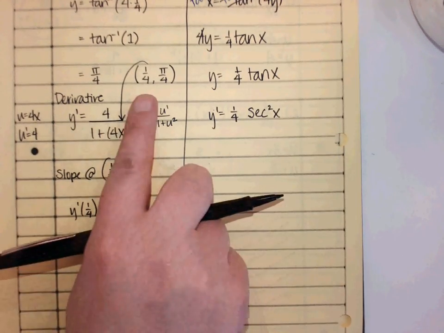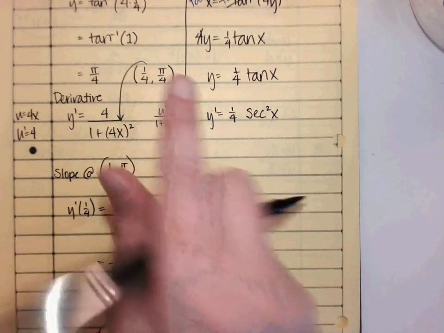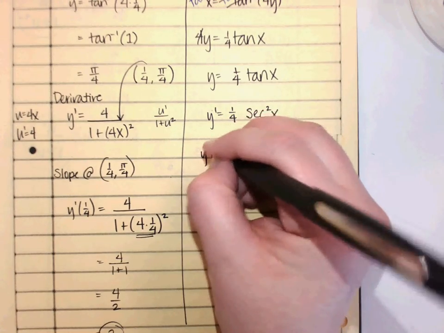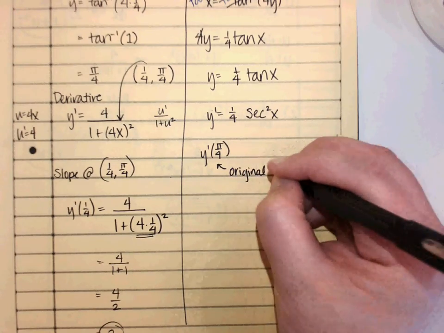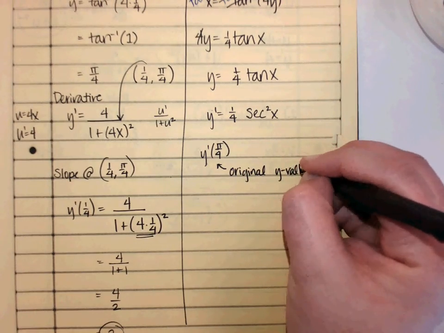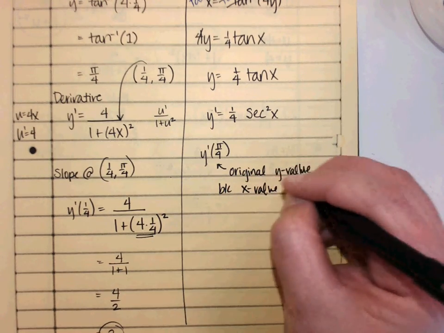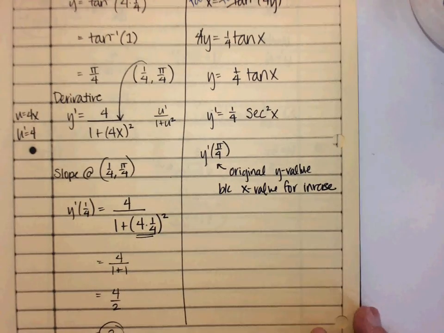Do I plug in the fourth? What do I plug in? Pi fourths. So I want y prime at pi fourths, because that's the original y value, and it's an x value for the inverse. Okay, because remember, the point's always backwards.